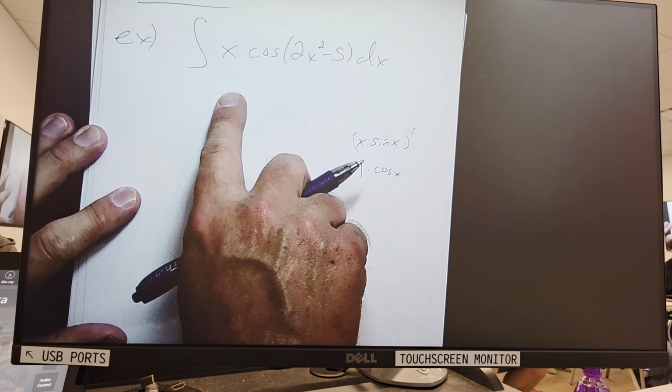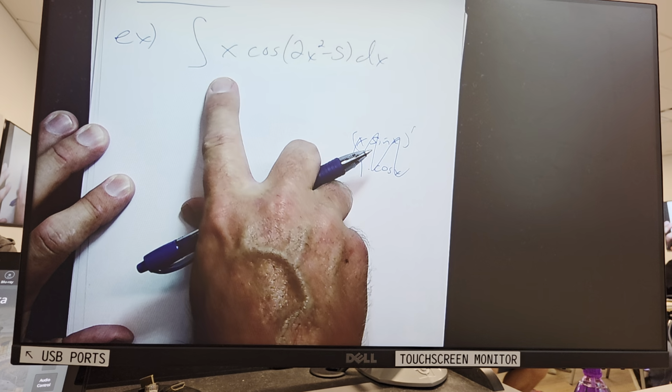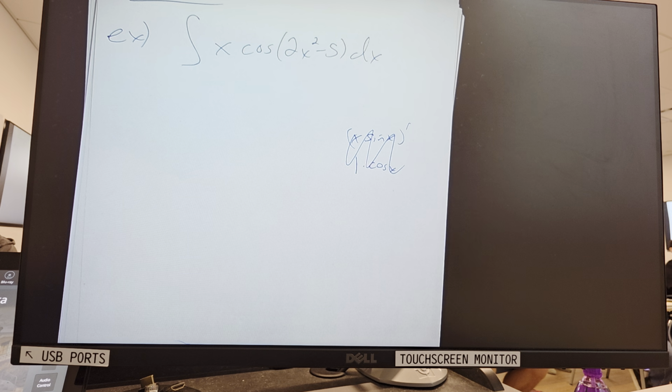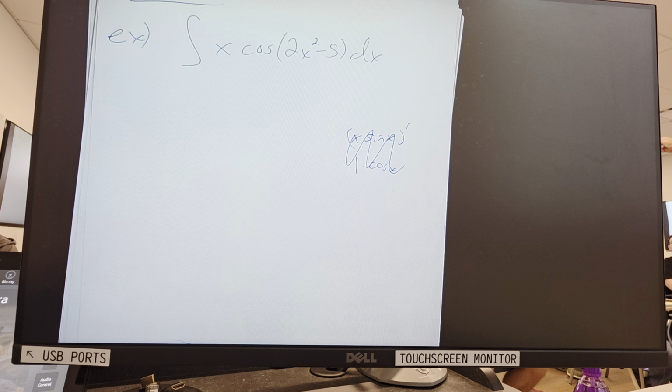So I can't just integrate this in pieces. I can't pretend like the x is not in there. What tells me that this is going to be U substitution? The function inside the cosine? There's a function more than just x that's stuck inside another function.